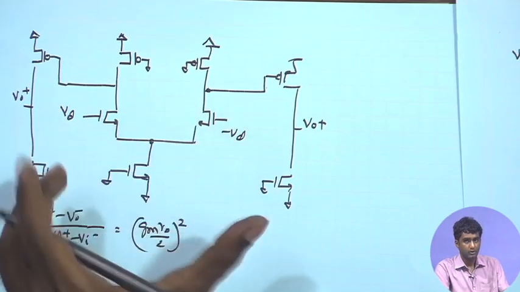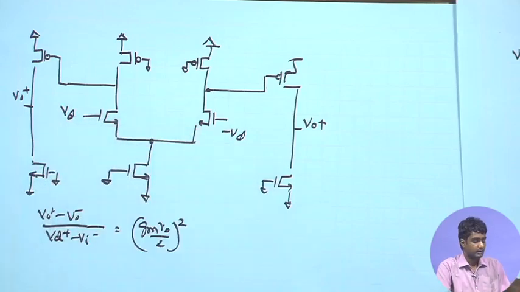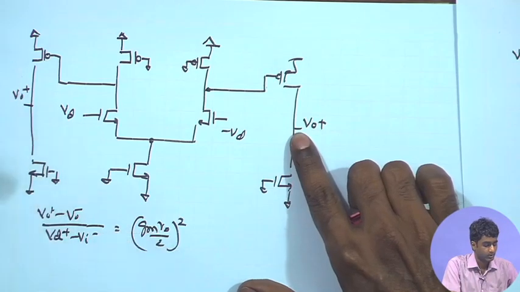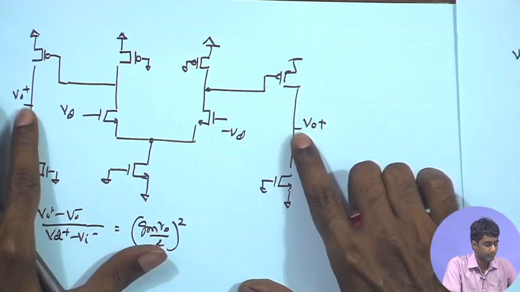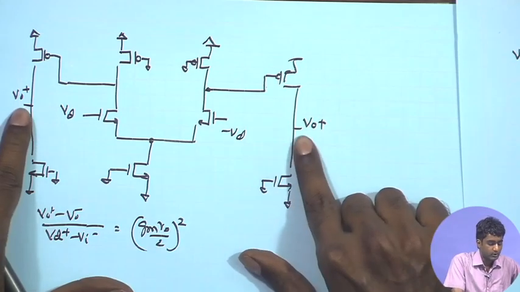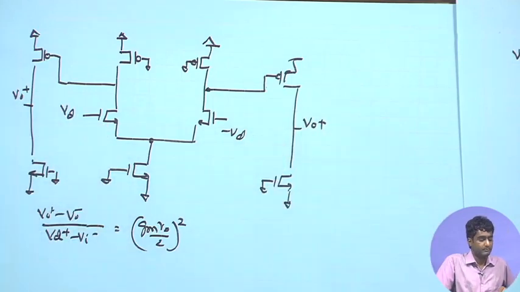So, we know the low frequency open loop gain of this particular circuit, and we also need to check the overall feedback operation that we are going to apply over here for our amplifier design. So, we need to include the additional feedback factor and then look at the stability of the closed loop.